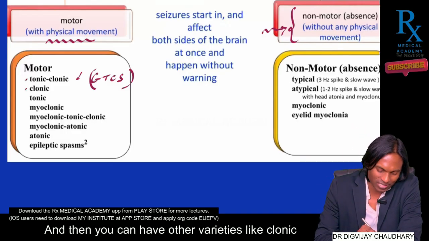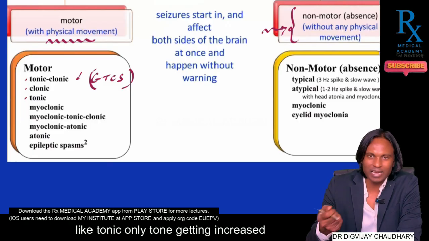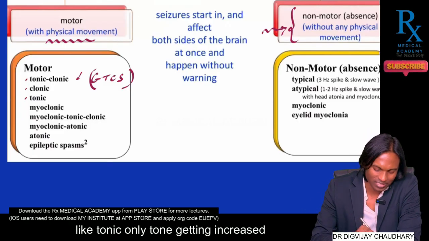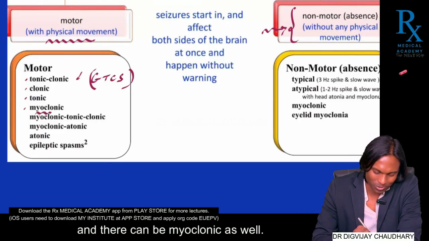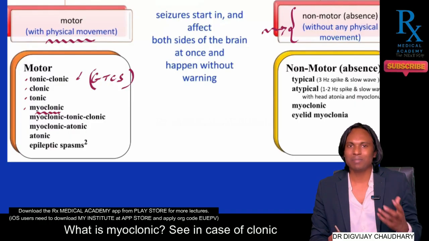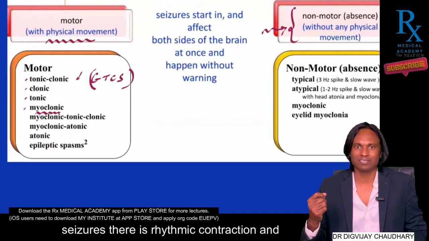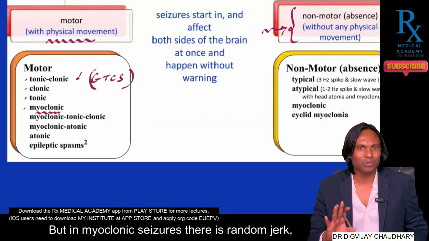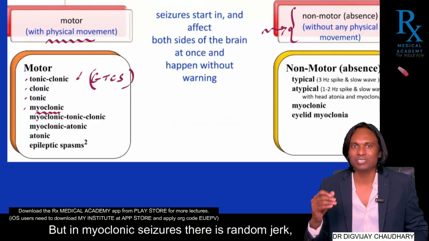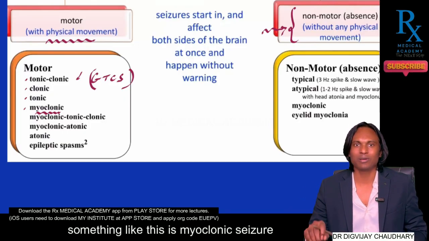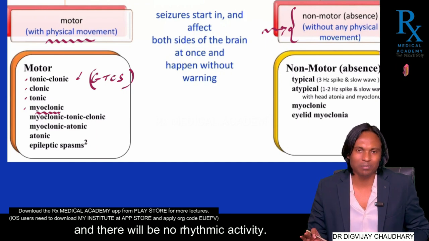And then you can have other varieties like clonic, like tonic, only tone getting increased, and there can be myoclonic as well. What is myoclonic? See, in clonic seizures, there is rhythmic contraction and relaxation, but in myoclonic seizures, there is random jerk, something like this. This is myoclonic seizure, and there will be no rhythmic activity.